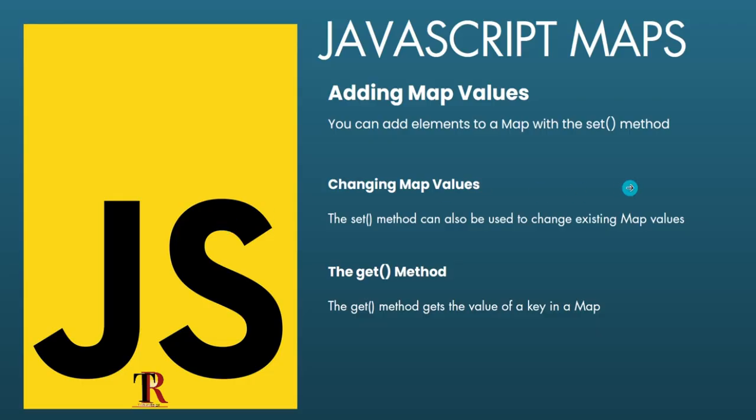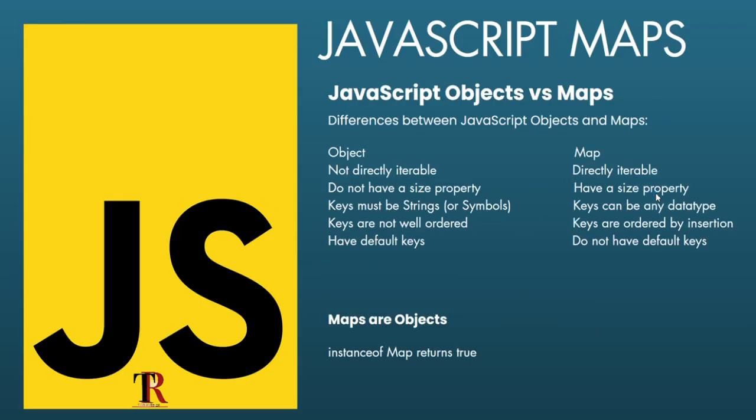Now let's move on and talk about the difference between JavaScript objects and maps. So the number one difference is that objects are not directly iterable. If you remember when we talked about objects in JavaScript, you realize there was a workaround for iterating in objects, not a direct way like that.